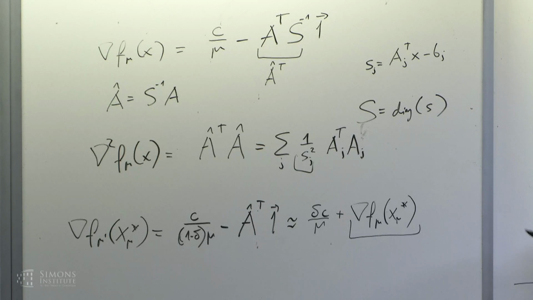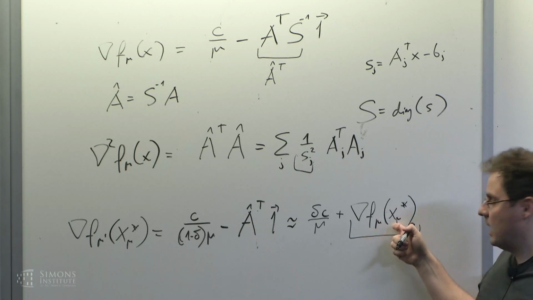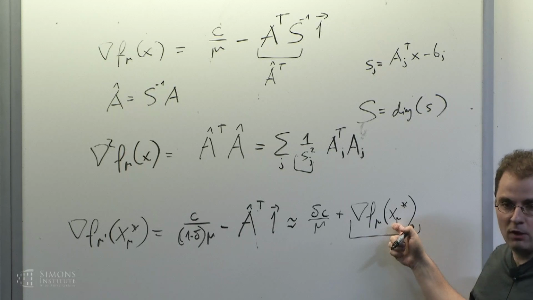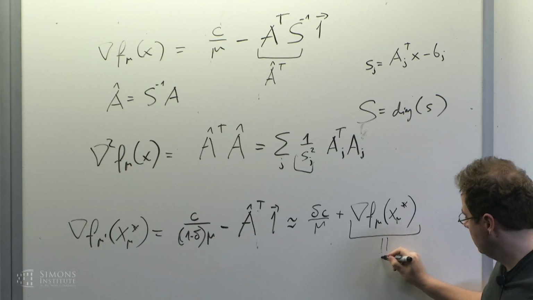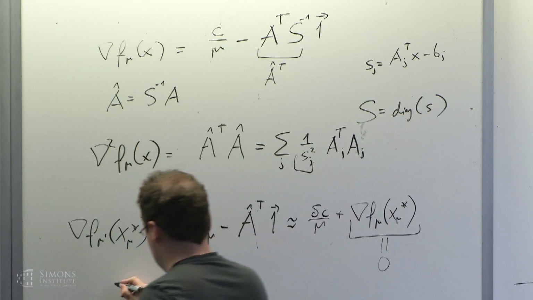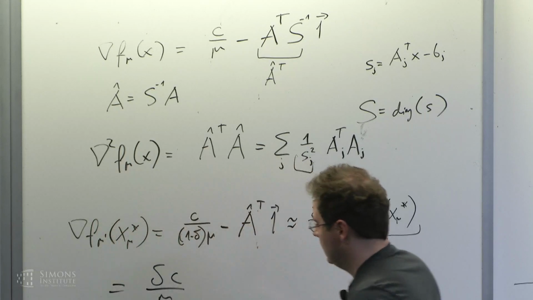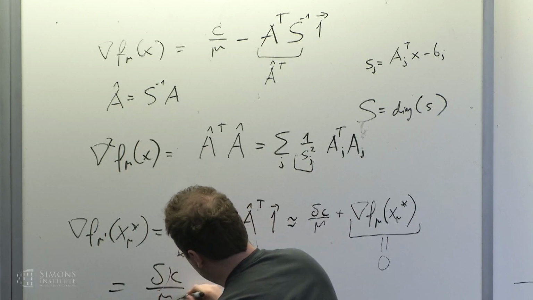Zero. It's 0, right? Because we know that we are minimizing the function f mu, and we are at the optimal point, so clearly there is no way of improving it. So this is always 0. Now we get that this is roughly delta C over mu. And there is something more we can say.